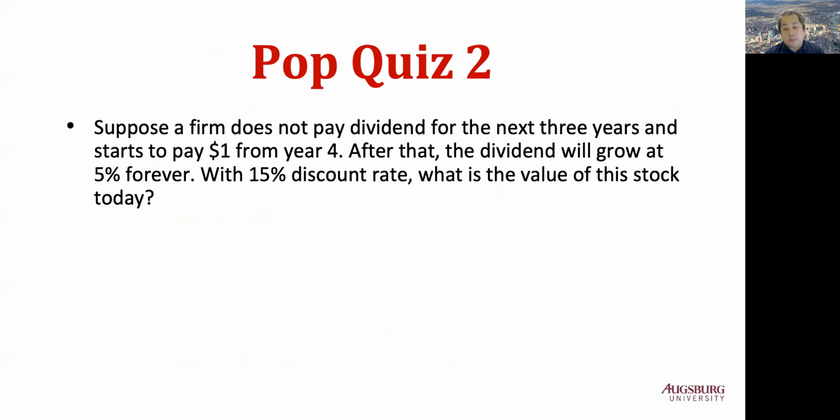Pop quiz 2. Suppose a firm does not pay dividend for the next 3 years and starts to pay a $1 dividend from year 4. After that, the dividend will grow at 5% forever. With a 15% discount rate, what is the value of this stock today?